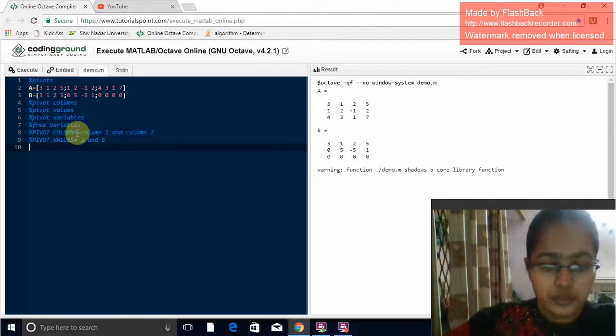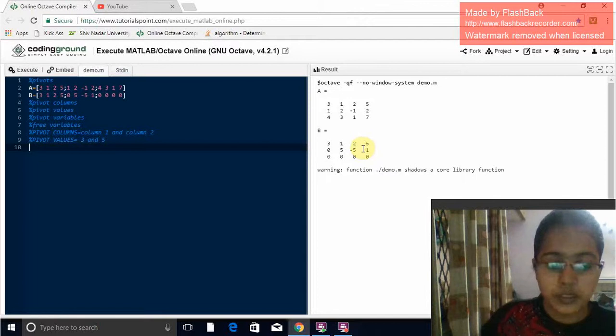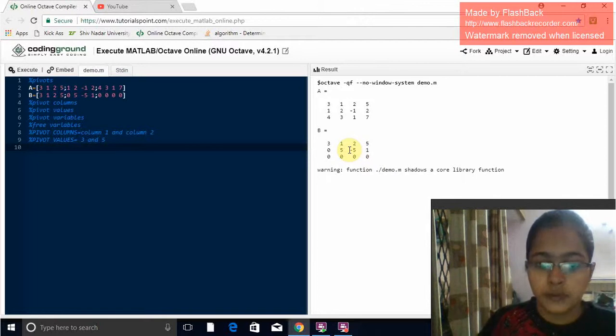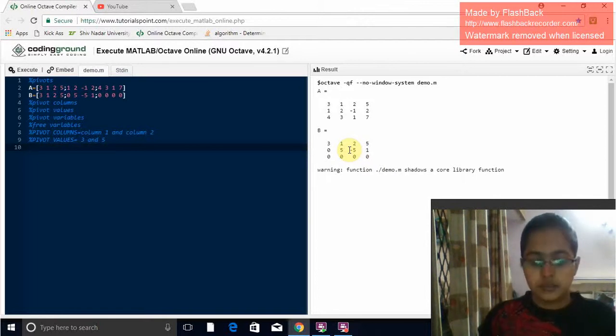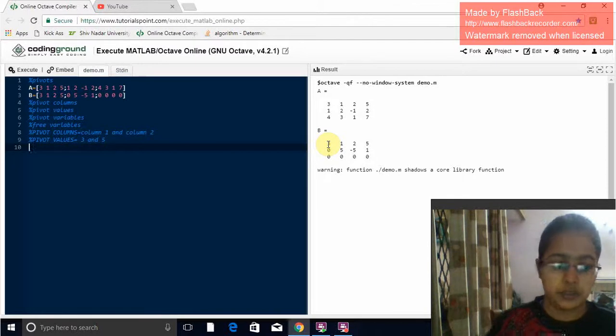What are pivot variables? We will denote the first column as X, the second as Y, the third as Z, and the fourth as P, because while solving equations we need 4 variables and some equations. So pivot variables are those variables in which a pivot is formed. That is, the first column and the second column variables are pivot variables.